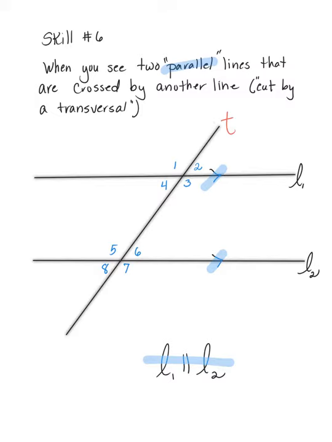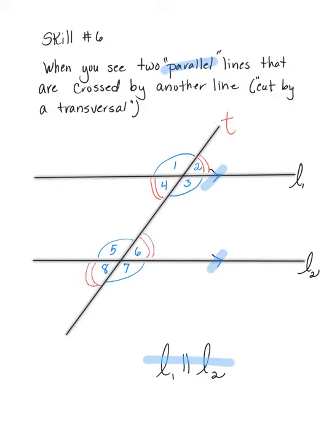Now, a few minutes ago, we said that vertical angles are congruent. So that means that 1 is congruent to 3, and it means that 2 is congruent to 4. But what you need to know is the other 4 angles are going to have that exact same pattern. So 5 is going to be congruent to 7, and 6 is going to be congruent to 8.